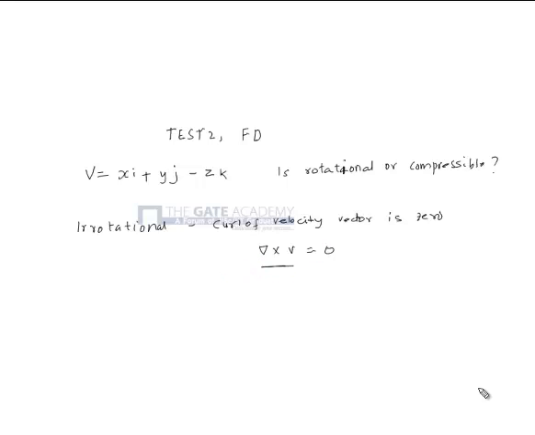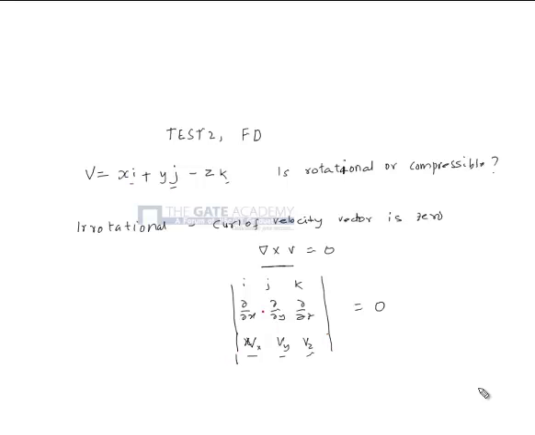This is the cross product, so let's write that in determinant form, where Vx, Vy, Vz are the components of velocity in x, y, z rectangular Cartesian coordinates.